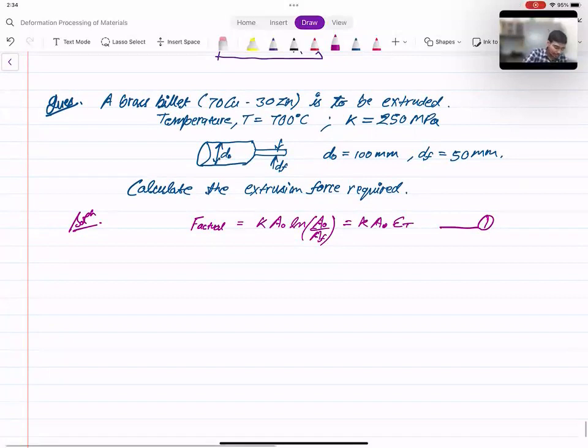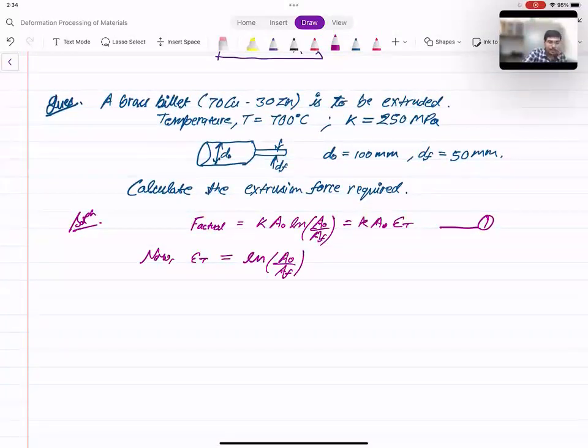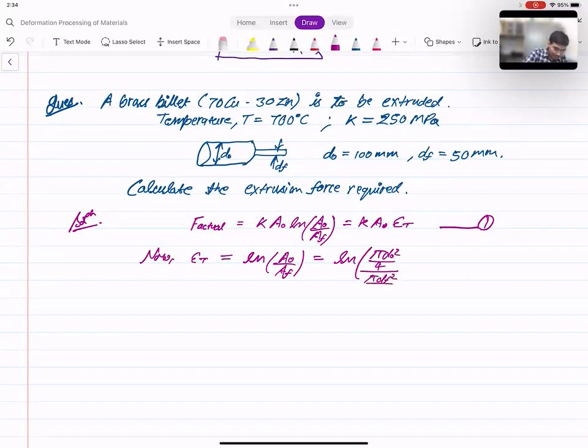Okay, so the true strain will be nothing but ln of A naught by AF. Okay, so ln of A naught by AF, and this will be nothing but ln of pi d naught square by 4 whole divided by pi df square by 4, considering circular cross section.